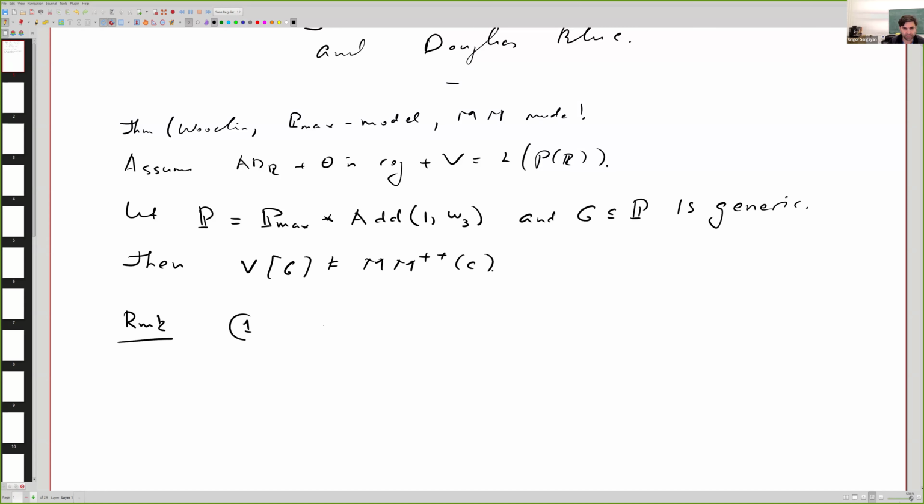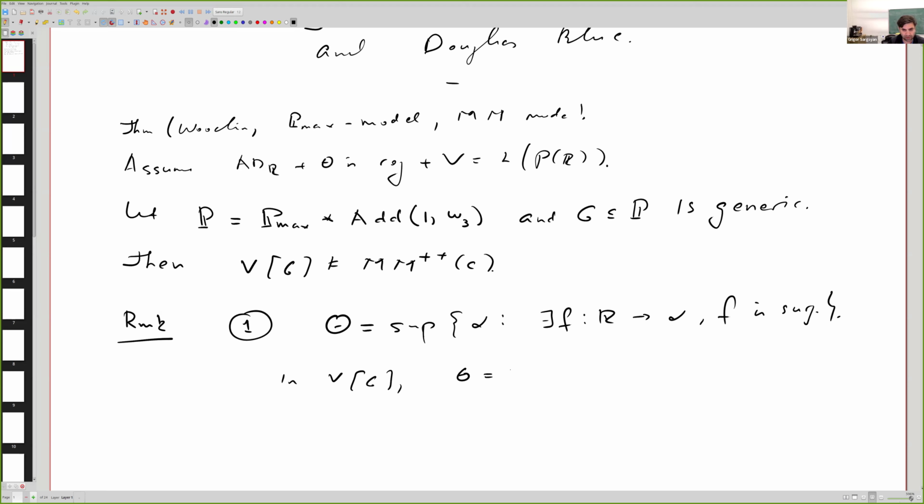One, in this model, so theta, just recall what theta is, yeah? This is the supremum of alpha such that there exists F, F is a surjection. So in the above model, in V[G], theta is omega 3. Right? So theta of V[G] is omega 3.